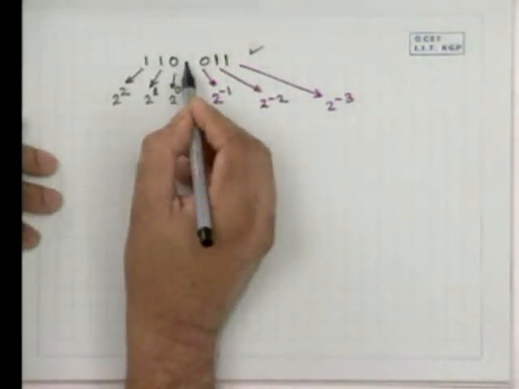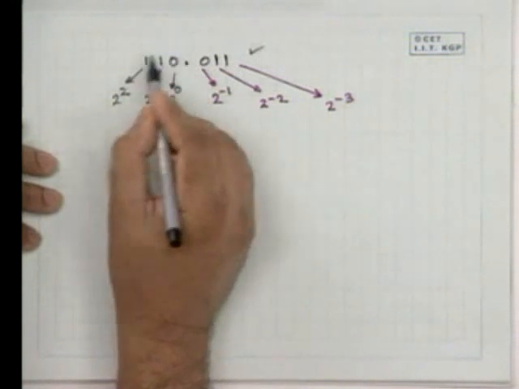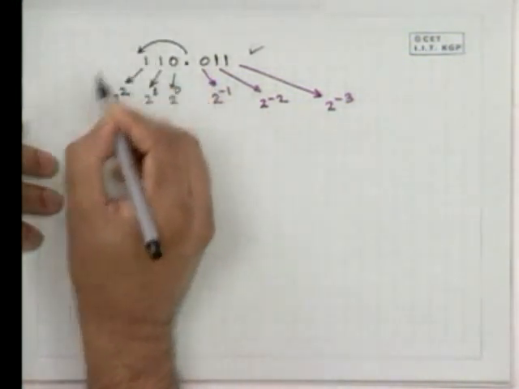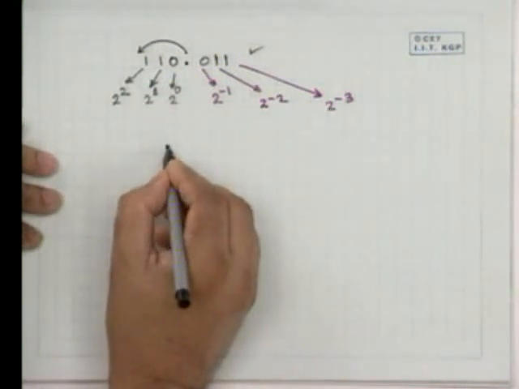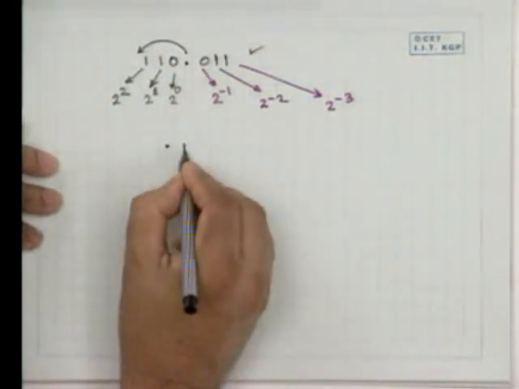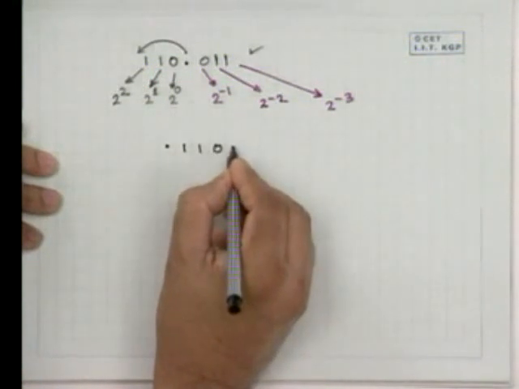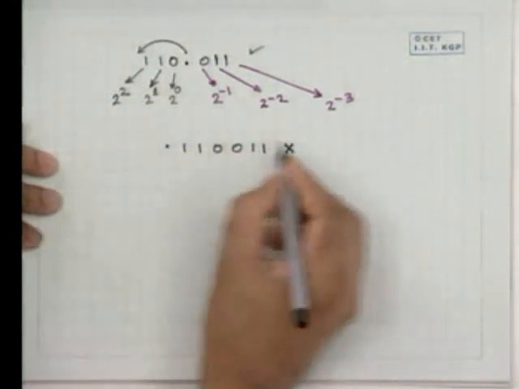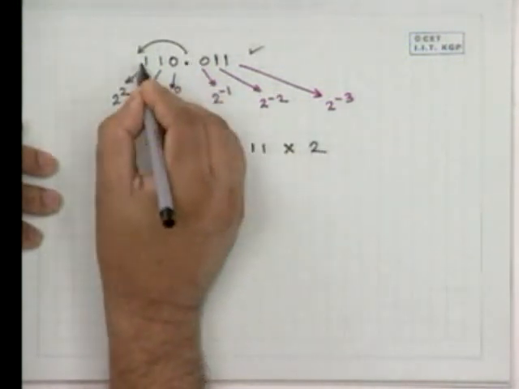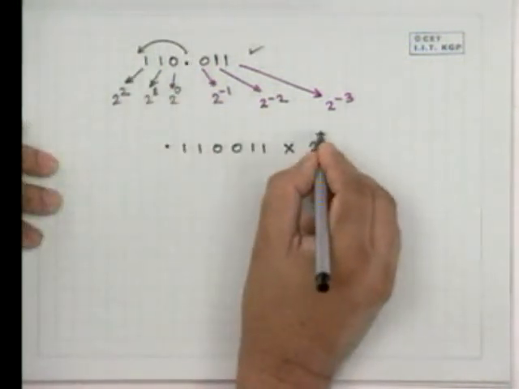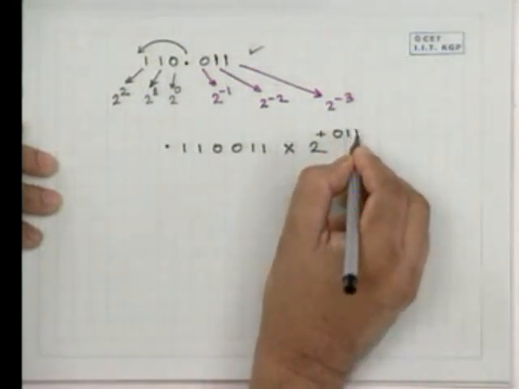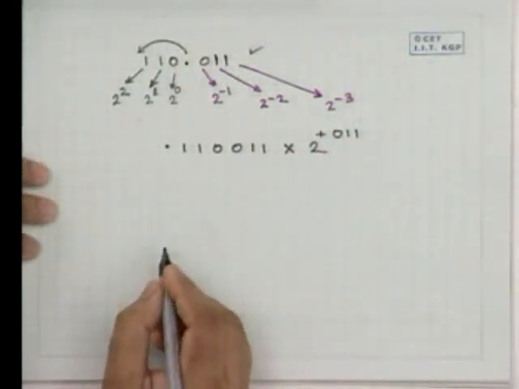Now, if we want to represent it in a normalized form, then this binary point should be shifted over to here, and we have a representation of 0.110011, multiplied by 2 to the power, since we have shifted to the left, plus 3, and this 3 is represented as 011.